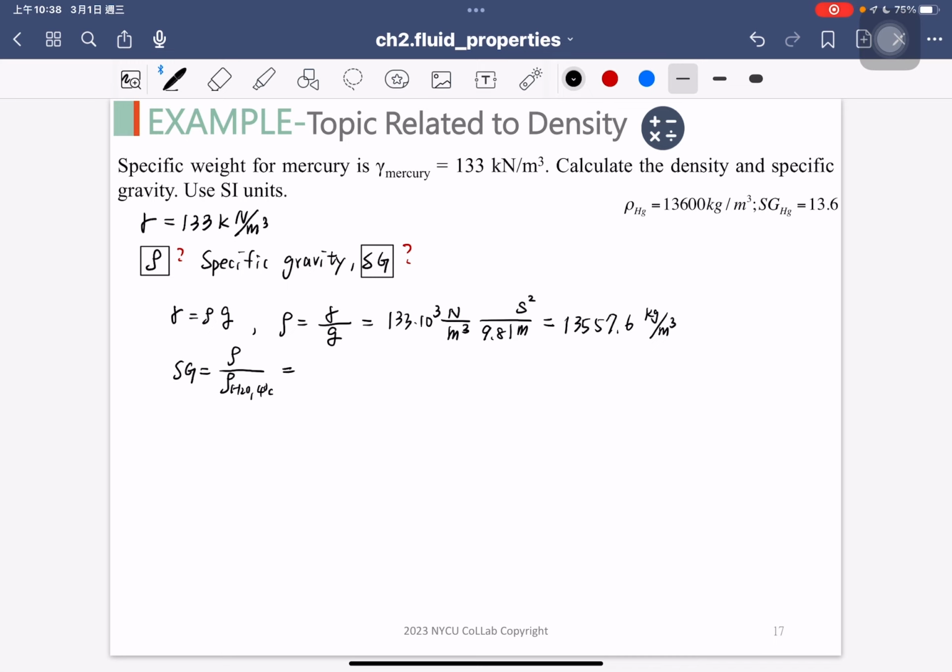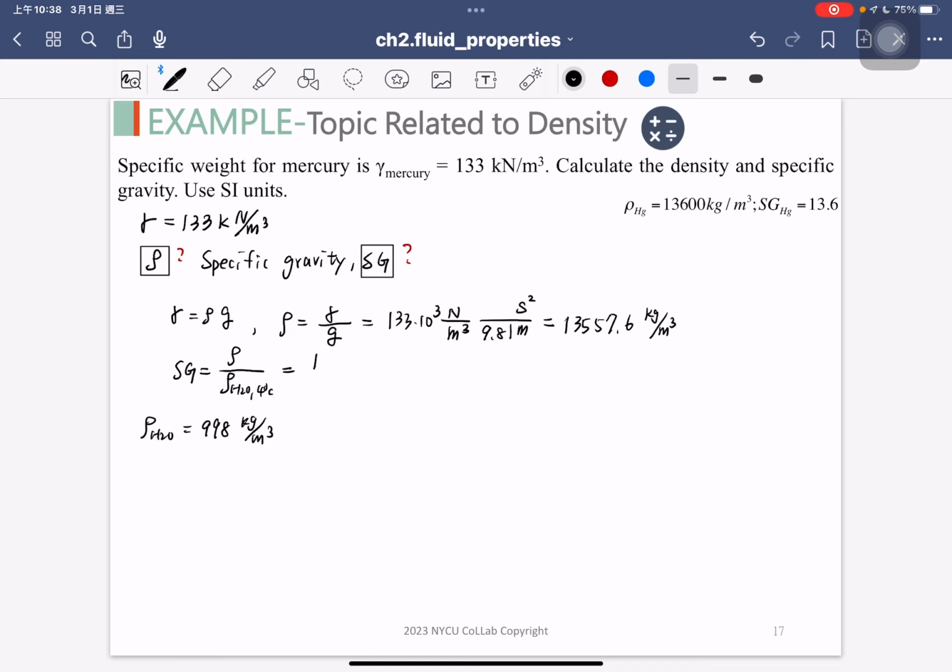As I remember, the density of water at 4 degrees is 998 kilogram per meter cubed. So I can compute the specific gravity based on the two density values here.